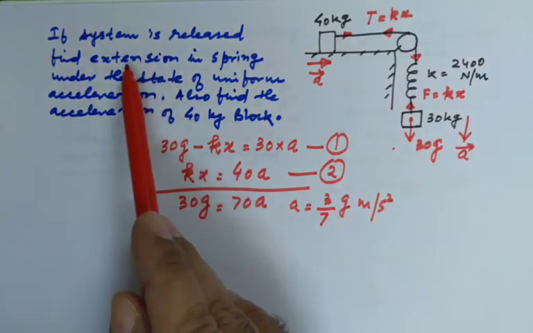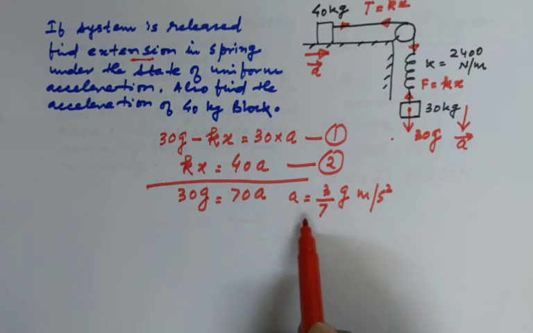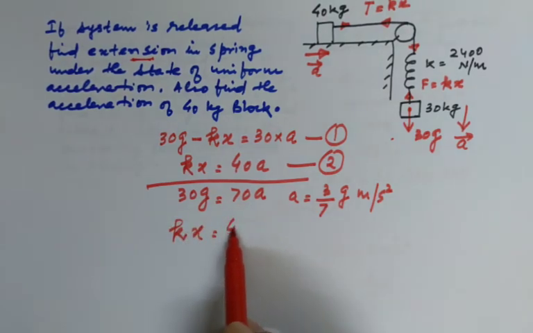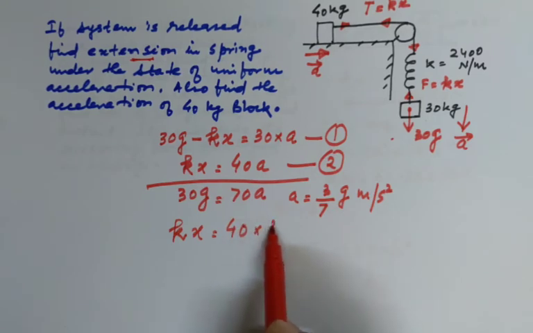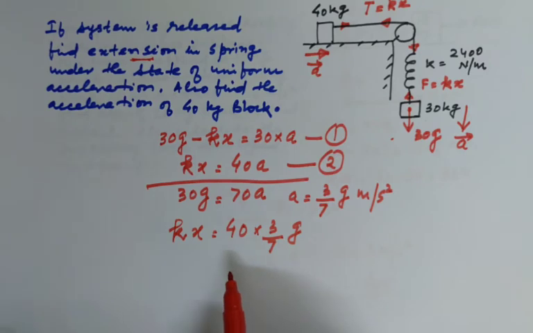Now the first part, the extension in the spring. Now we know the acceleration. If we put the value of A in equation number 2, Kx becomes 40 into 3/7 g.